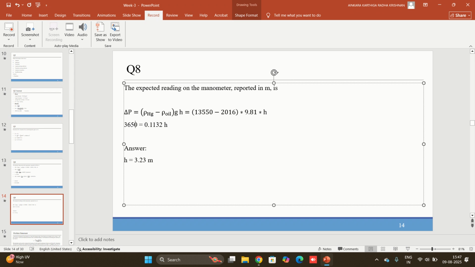But that will be confusing, so we will write it directly in Pascal. So it is 113148.54.